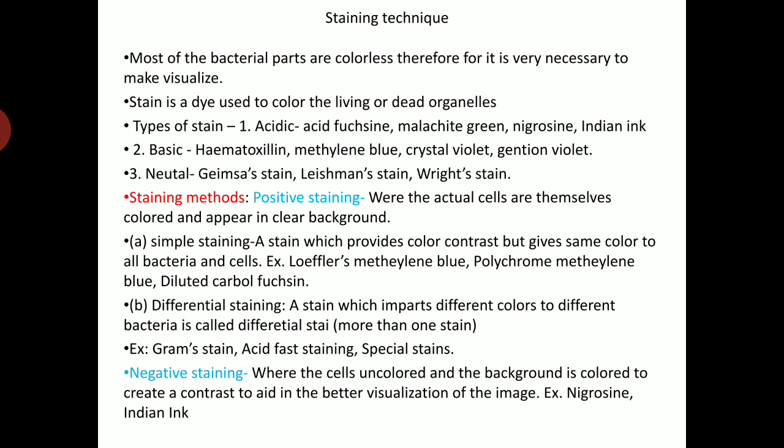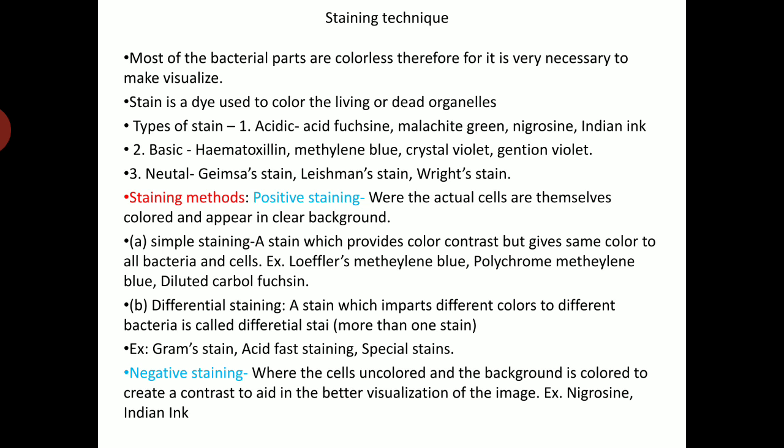There are three types of stain. Acidic stains, for example, acid fuchsin, malachite green, nigrosin, and Indian ink.